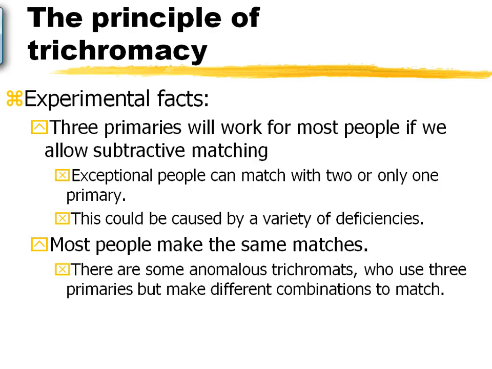So the reality is that I can generate a particular color not by a unique combination of P1, P2, and P3, but there might be more than one combination that realizes the same color. But most people don't end up with that. So for most people, making this kind of a match makes a lot of sense. It's knowing how much to add to get a particular color. So these are the basic trichromats.